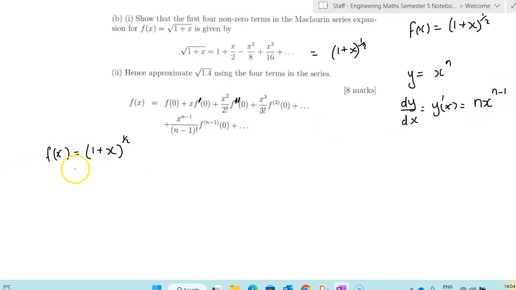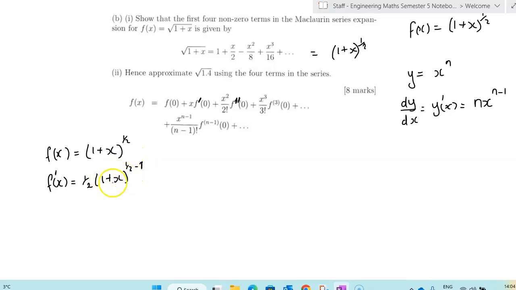So if we look at our f of x now, if we want f dashed x, the first derivative, we will bring down the power and we will have a half on 1 plus x to the power of a half minus 1.